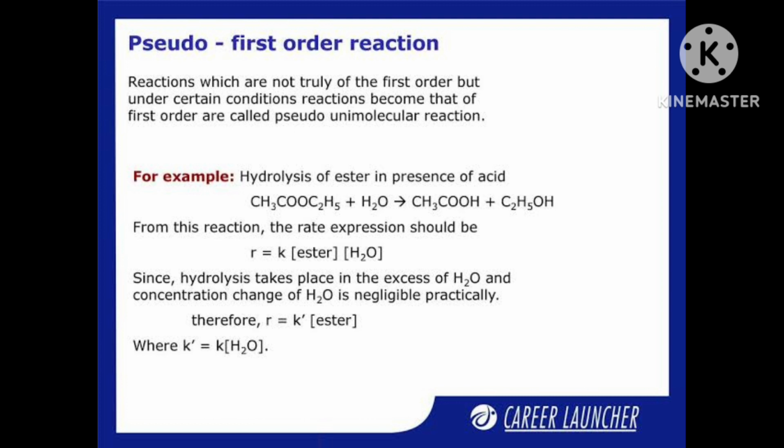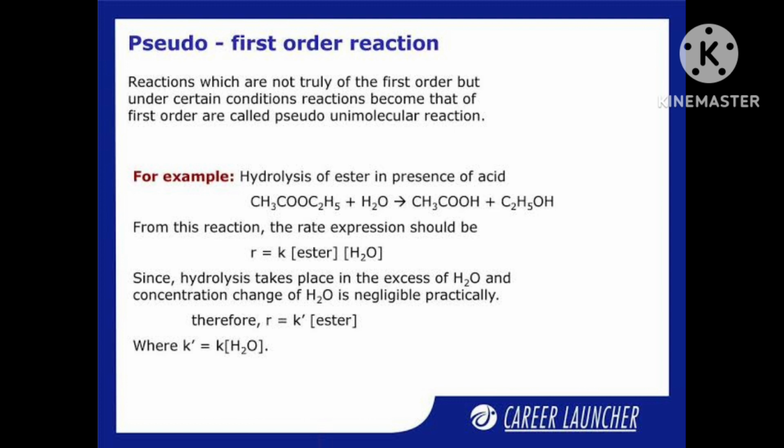So instead of K dash, you can now write only K. Rate is equal to K into the molar concentration of ethyl acetate into 1, because the power of H2O is 0 and that becomes 1, meaning only ethyl acetate. Rate depends only on ethyl acetate.